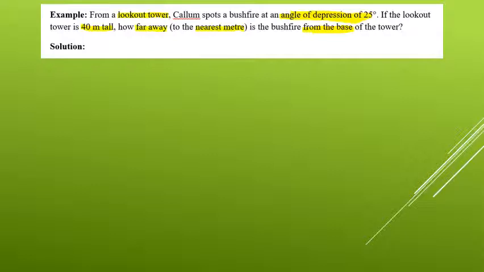Alright, so first of all we'll try and draw a diagram. Callum's up here on a tower, so my artistic skills are very limited. It makes it look like a tower. You'll see on the next slide I've got a much better one.